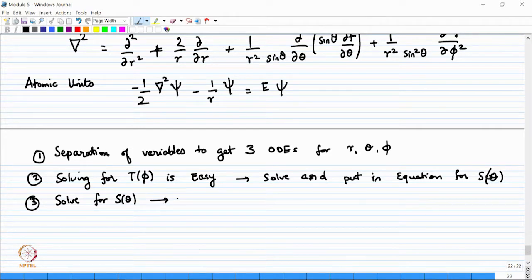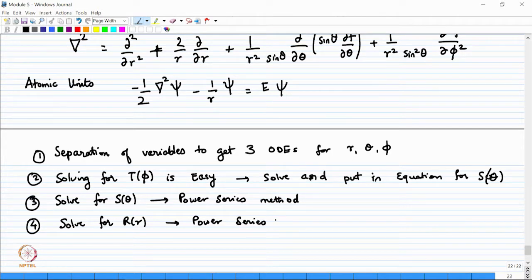Now this involves the power series method. And the third and the last step is to solve for R of r. This also involves the power series method. In particular, this involves something called the associated Legendre polynomials.